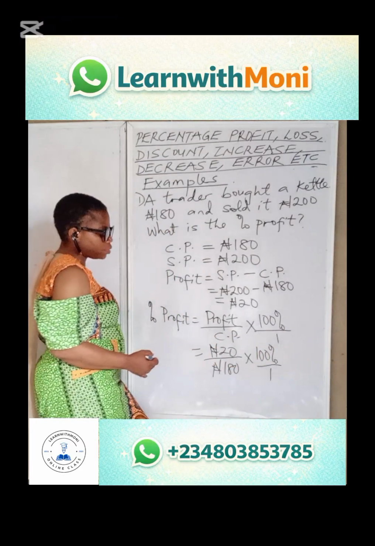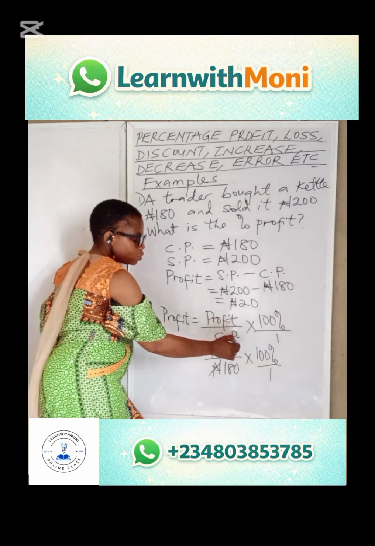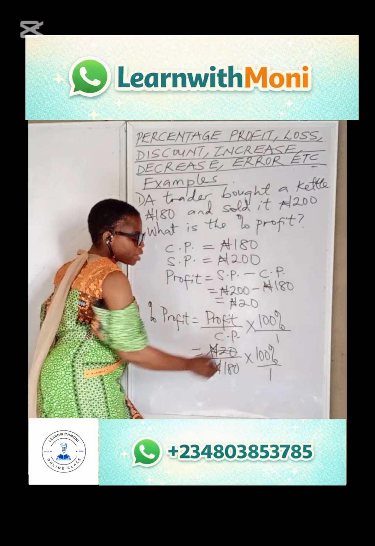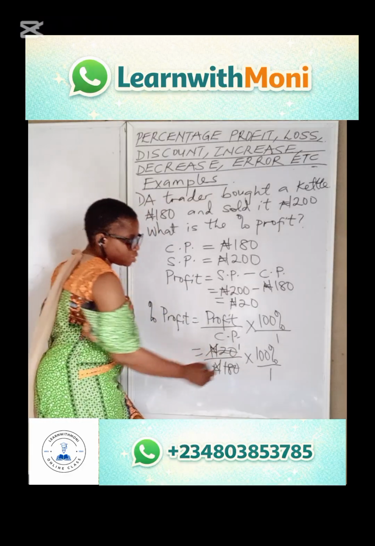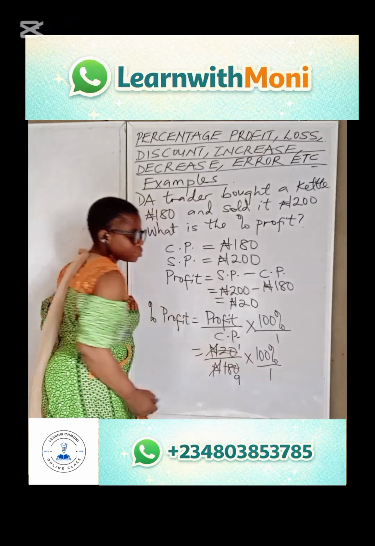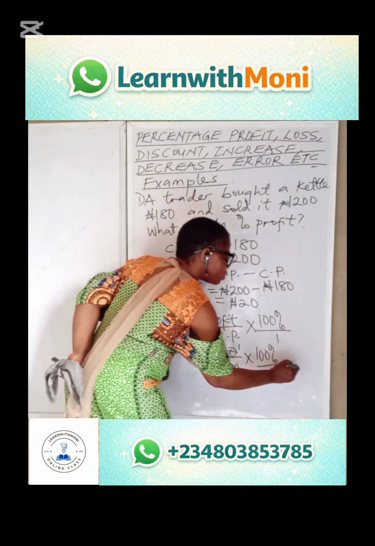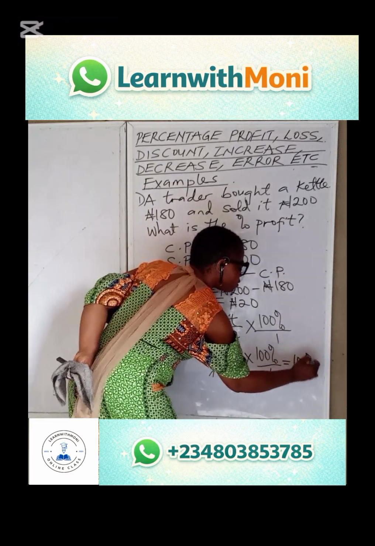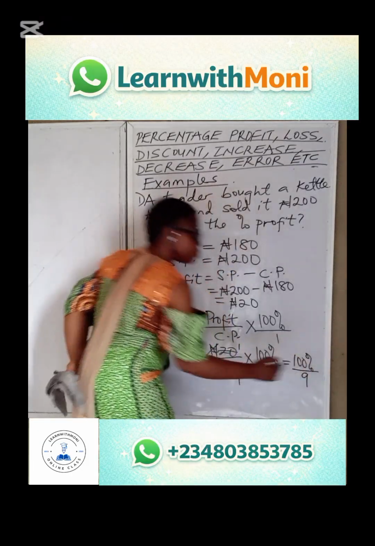Let's see how to deal with this. The naira cancels out. 20 divided by 20 is 1. 180 divided by 20 is 9. So we have 1 times 100%, that is 100%, over 9 times 1, which is 9.